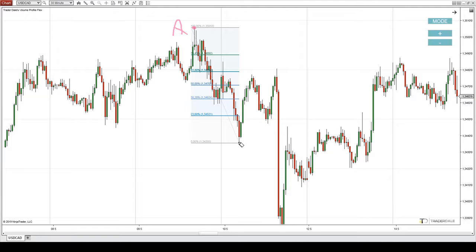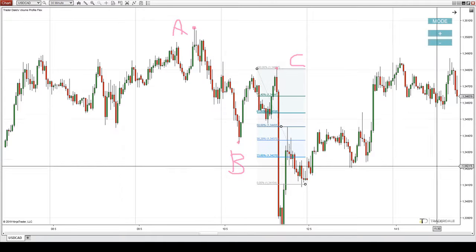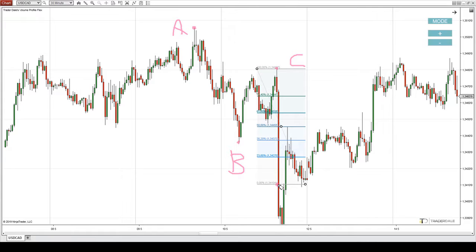This is A, this is B. This swing point is above the 50%, so it is the C. You move the tool and you should go long from there. A, B, C, D. But there was the macro news, so there's no trade from there. Alright?